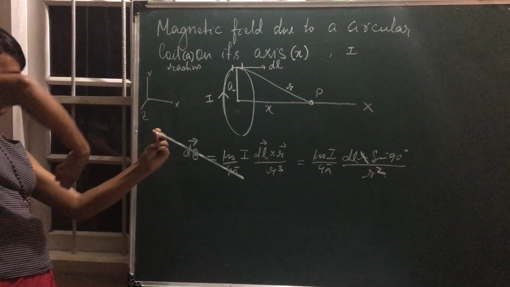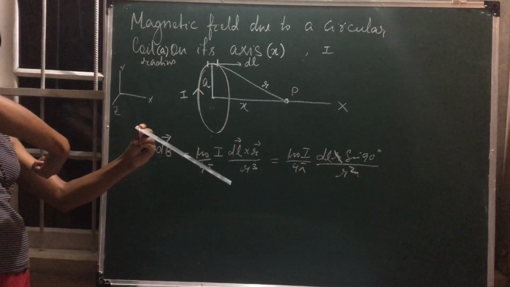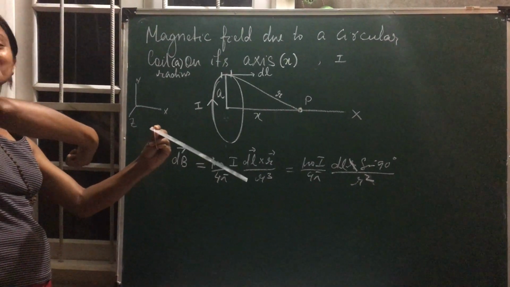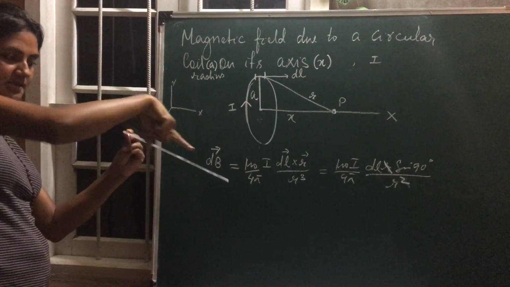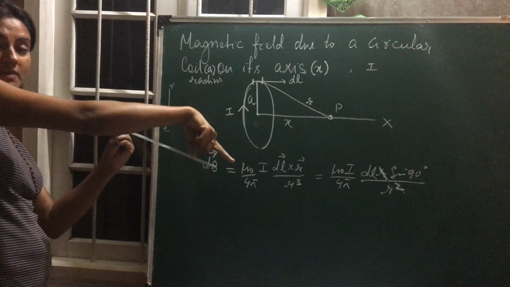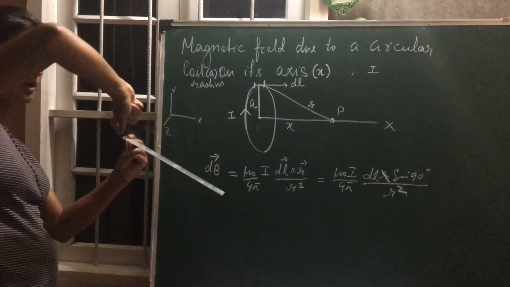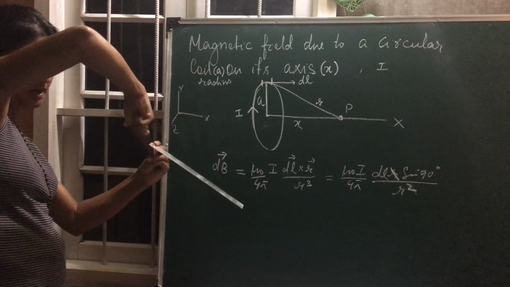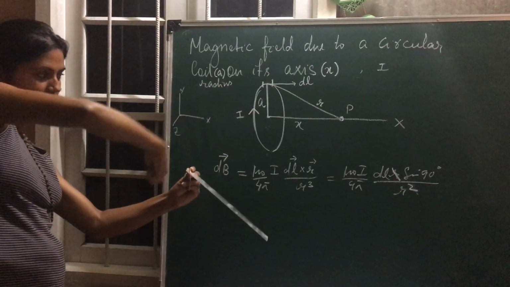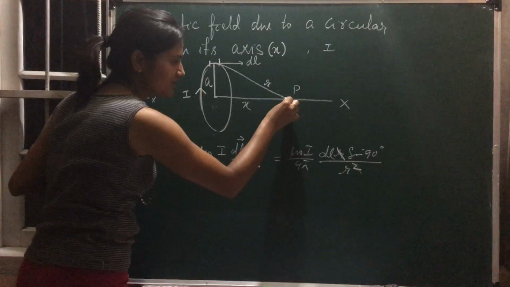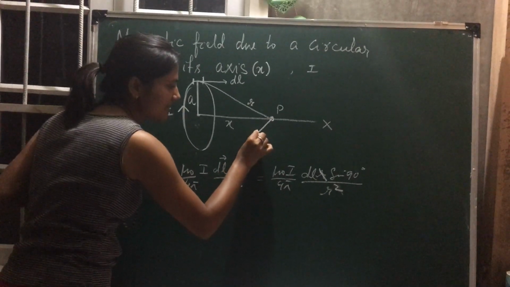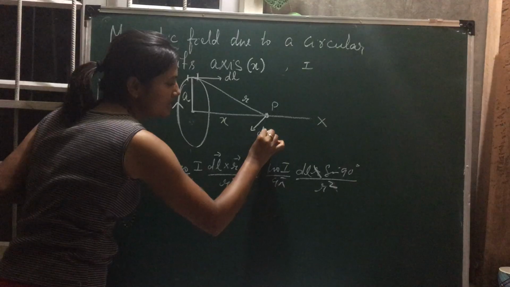Imagine, students, you need to imagine, there is no other alternative. dL is going this way, R is like this. What is the direction of dB? It goes like this. This is the direction of dB.